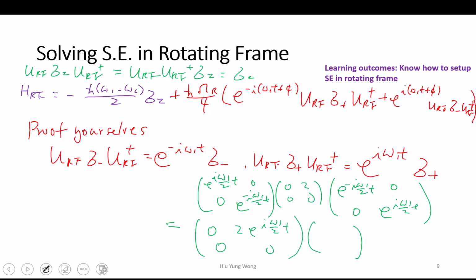Okay? And then multiply this one, and you do one more multiplication, what do you get? You only get the last term.